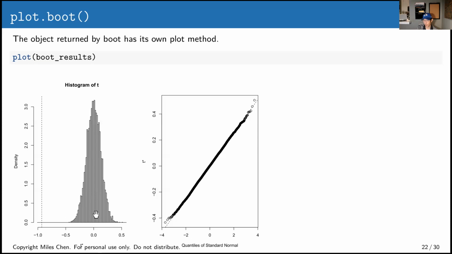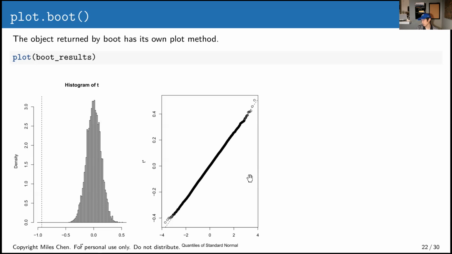So that would be a strong indication to us that the difference we observed of 0.93 is not because of random sampling.